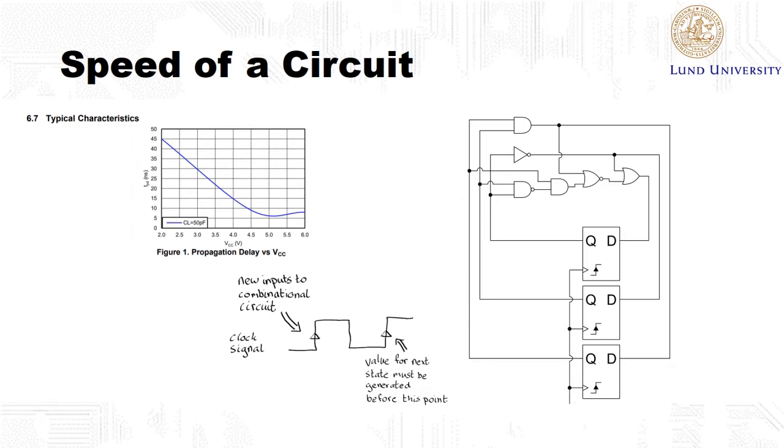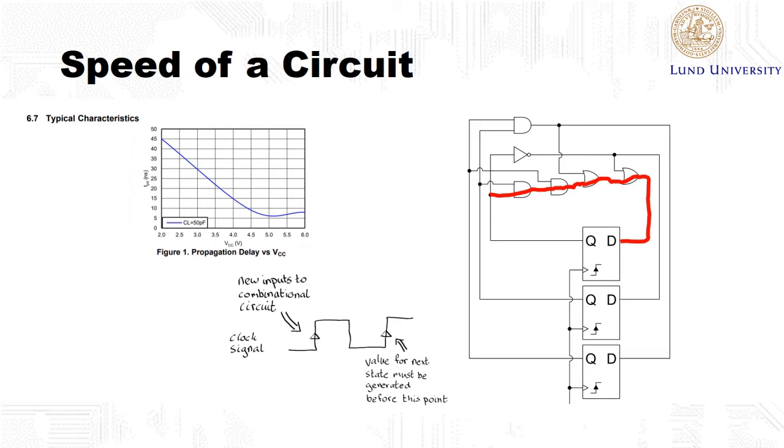Let's assume that all gates have the same propagation delay of 10 nanoseconds. In this example, the bottom branch gives our worst case delay since it has a chain of 4 gates. Thus the worst case propagation delay is 14 nanoseconds. So if we ignore propagation delays of the flip-flops, we would be able to run this circuit at 25 MHz.